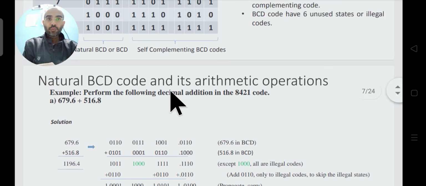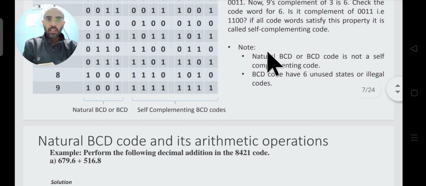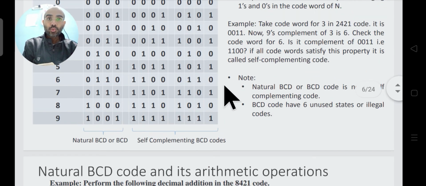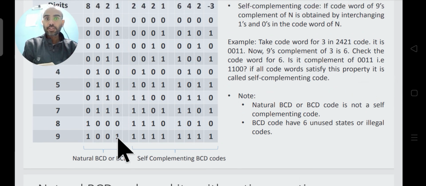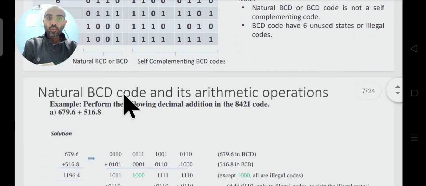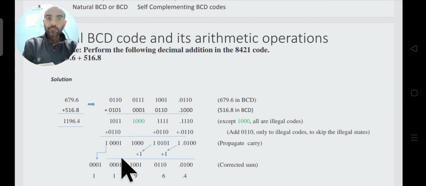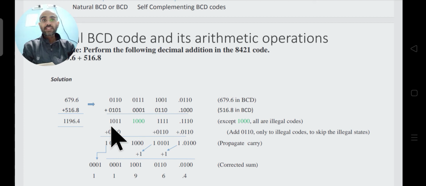If you check our earlier table, you will see that we have not used 1011 for any representation. We have codes from all zeros to 1001, but we don't have a code for this particular 1011. So this particular code is an illegal code.